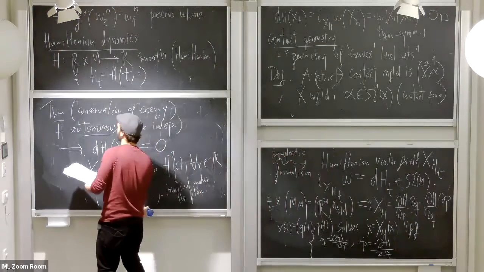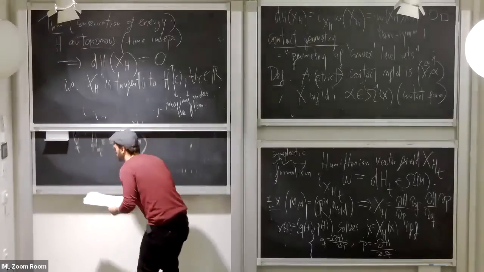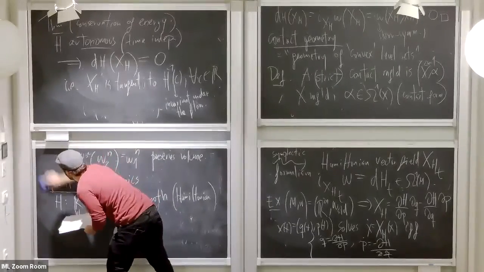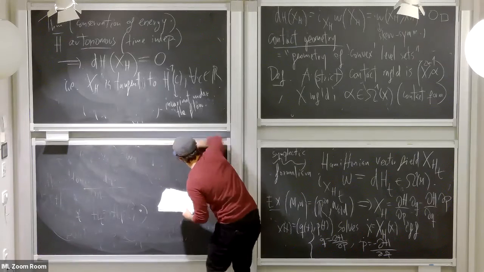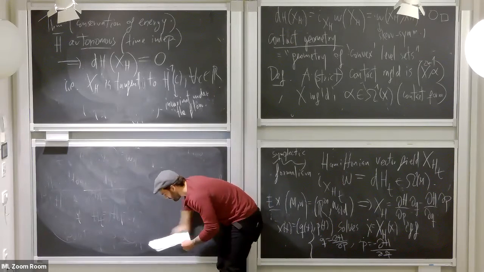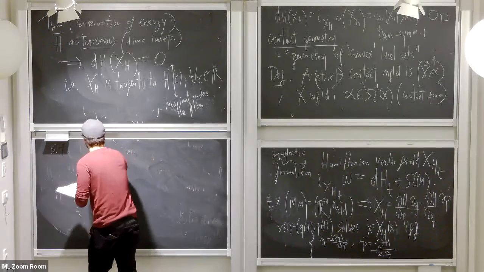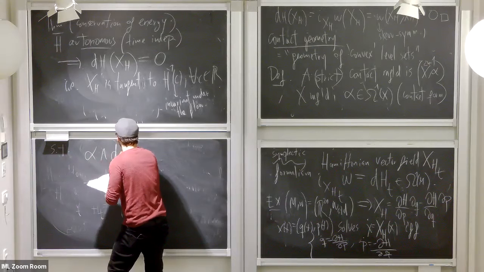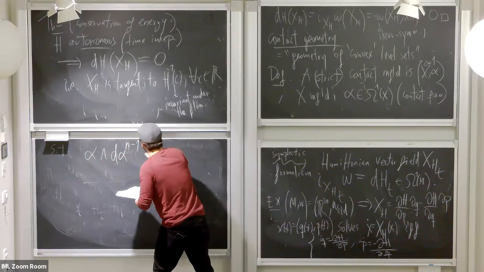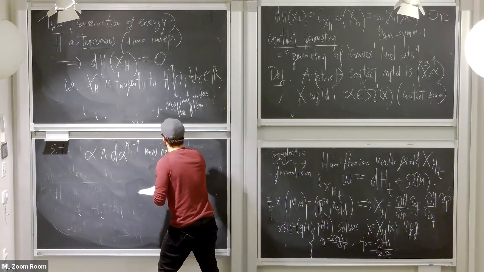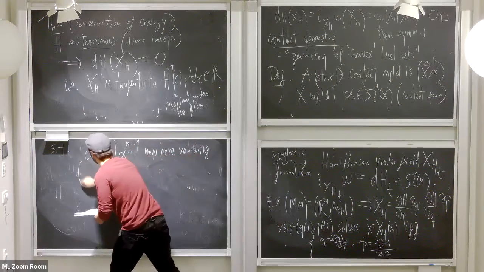The contact form is supposed to satisfy the contact condition, which is defined as follows: when I look at alpha wedge d-alpha to the n-1, which is a top form, it is nowhere vanishing, i.e. a volume form.